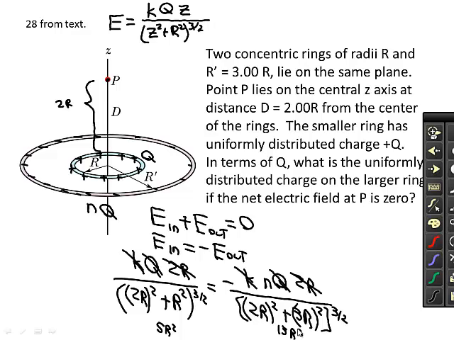So when you're done canceling stuff out, you have, I'll do it over here in the corner. Sorry, Klara. 1 over 5R squared equals negative 1 over 13R squared, and these are both raised to the 3/2 power.